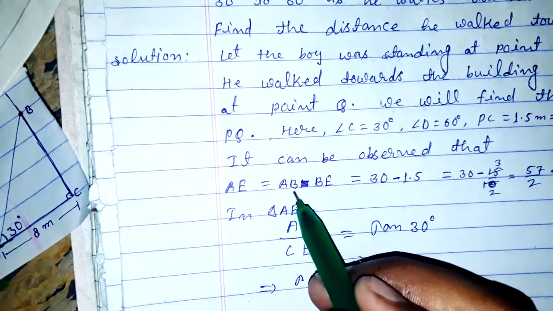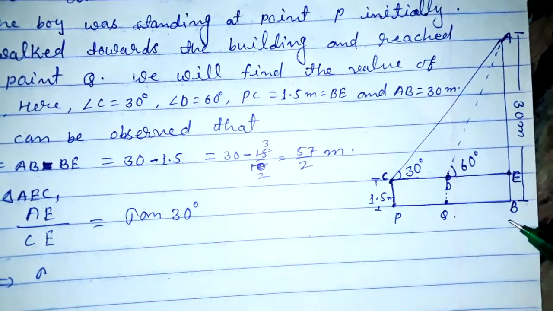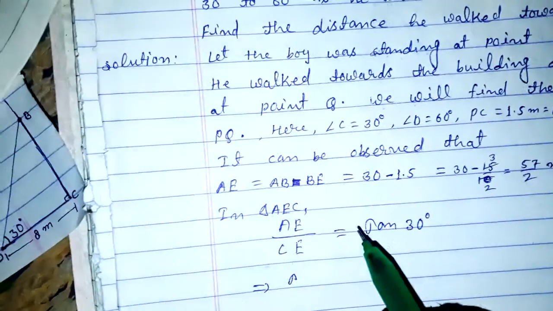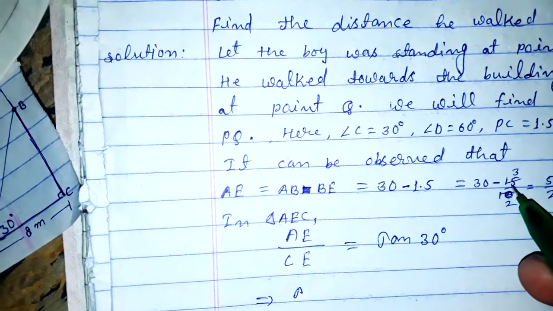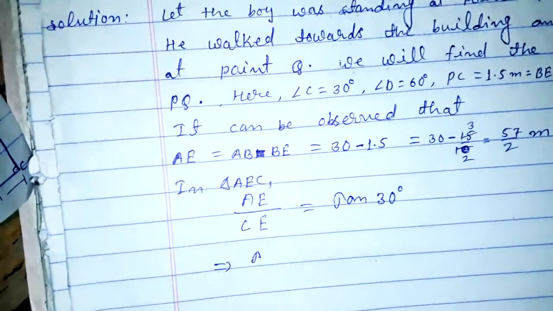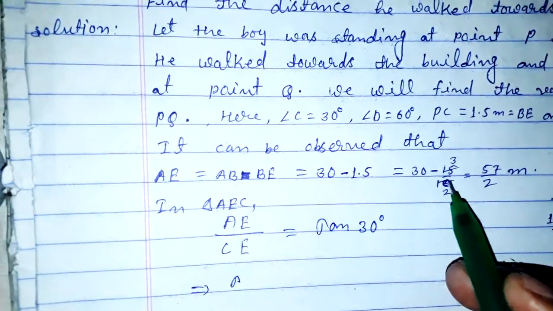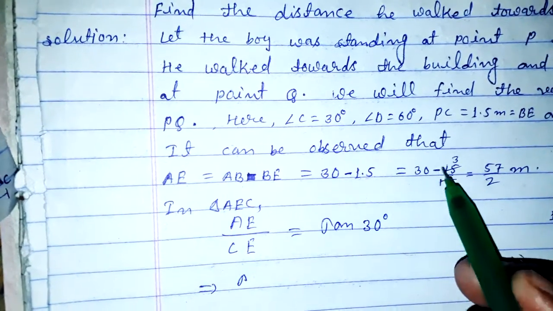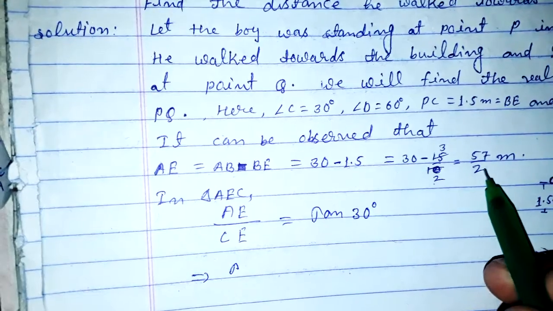Find AE. AB minus BE, because the total height is AB, and this is DE, minus. So 30 minus 1.5. Remove the point, so this is 10. The complete LCM is 57 upon 2 meter.